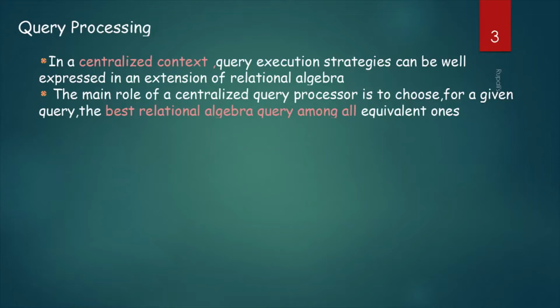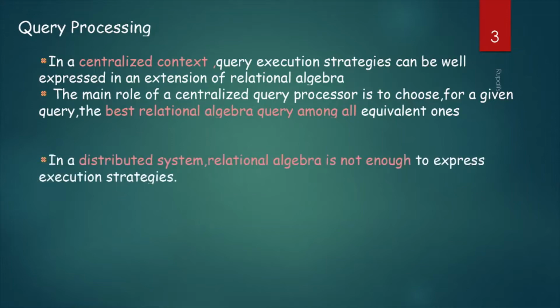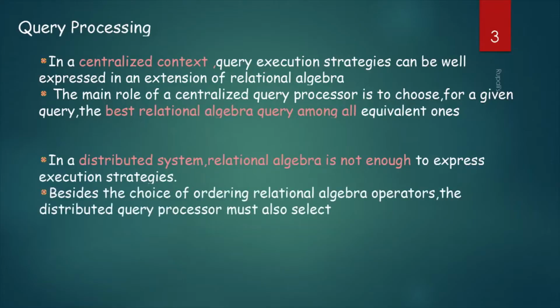But in case of distributed system, relational algebra is not enough to express execution strategies. Here different factors are involved. First, we have to choose the ordering of relational algebra operators. Then we have to choose the best sites to process data.